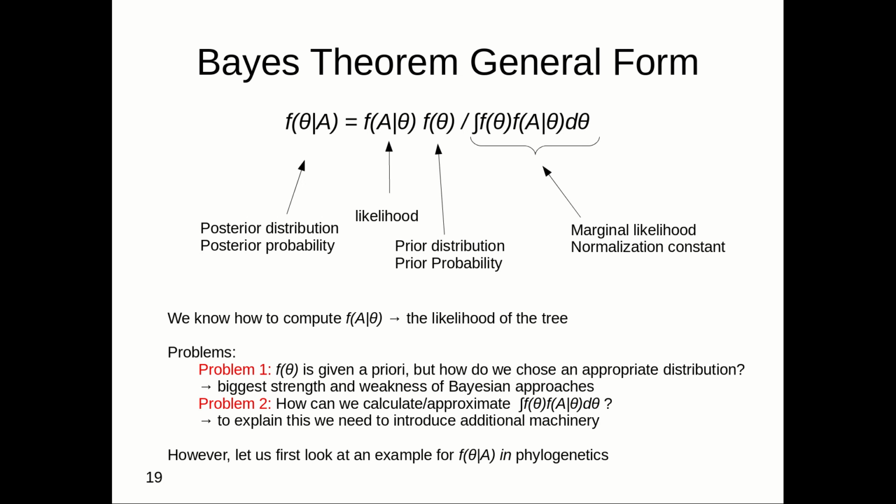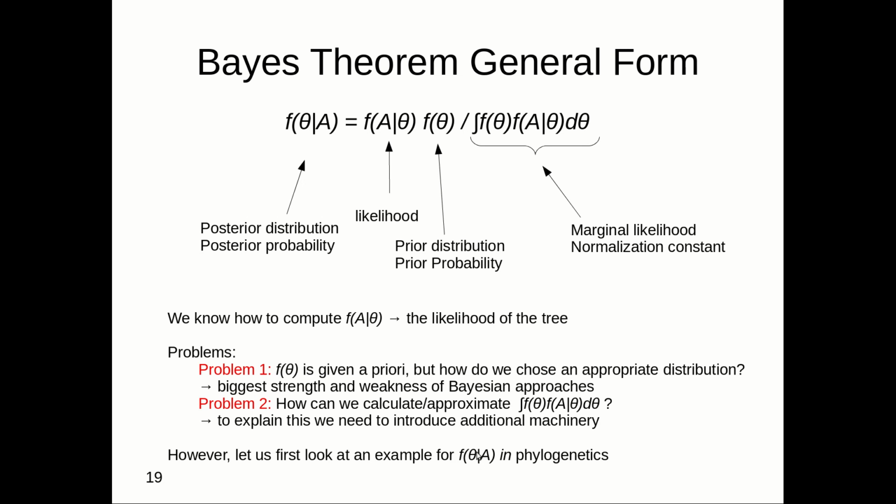So this is both a strength and a weakness, because you can integrate prior knowledge, but you can also just get it wrong. And then of course, how then do we actually calculate the marginal? And so to explain this, we need to introduce some additional machinery, because we cannot really compute this analytically.